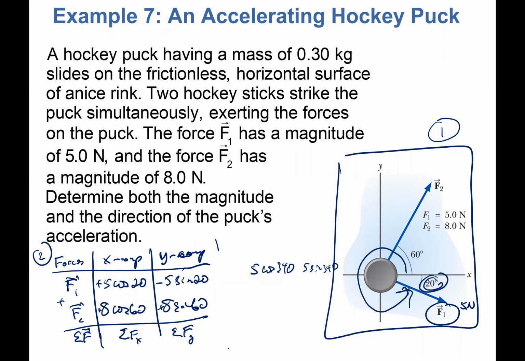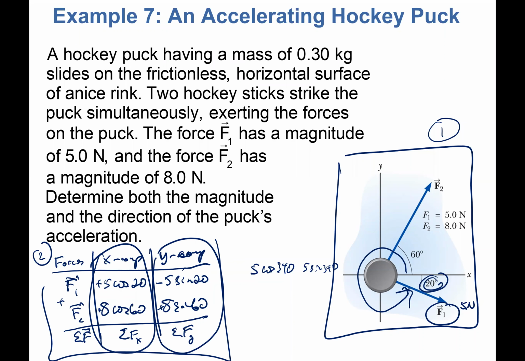Okay. That means this will be your 2nd step, right? First step is the free body diagram. 2nd step is the table. And then those are your equations, equation 1 and equation 2. So the 3rd step is getting those equations.